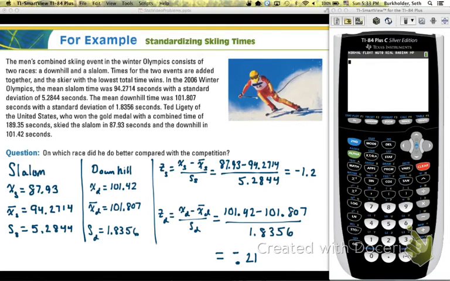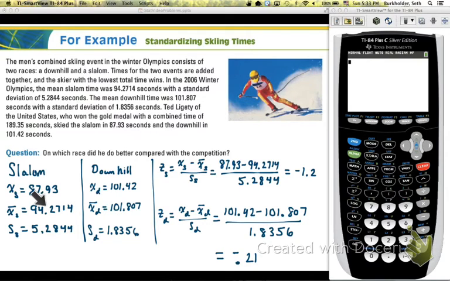If you look at his downhill time, it is only about 0.4 of a second below the average downhill time, but the standard deviation is way more than 0.4.